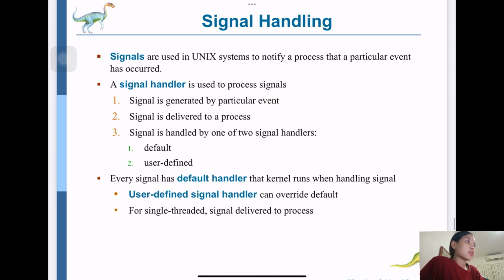Thread cancellation: terminating a thread before it has finished. The thread to be cancelled is the target thread. Two general approaches: asynchronous cancellation and deferred cancellation.